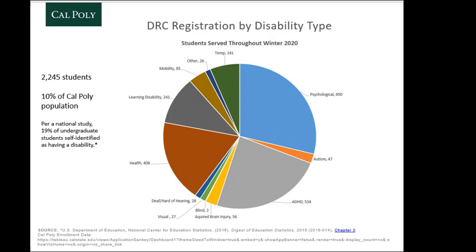Other students are hesitant about registering with us because of stigma, but we hope that's lessening. Our view is that disability is diversity, and it's not something that needs to be fixed. We want to be open to how the student perceives themselves and their disability and how they define themselves. All right, on to the next slide.